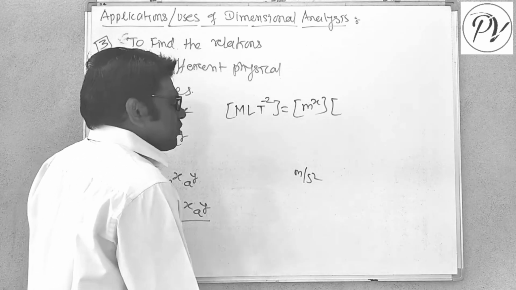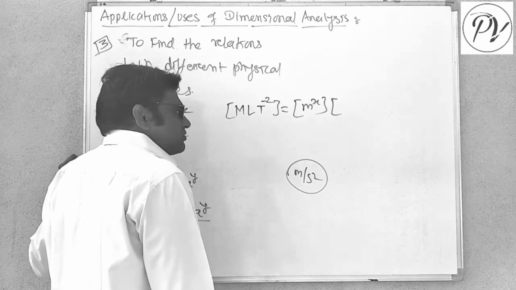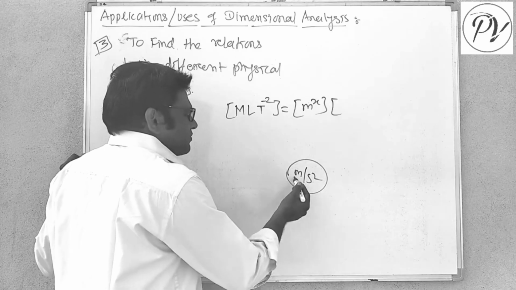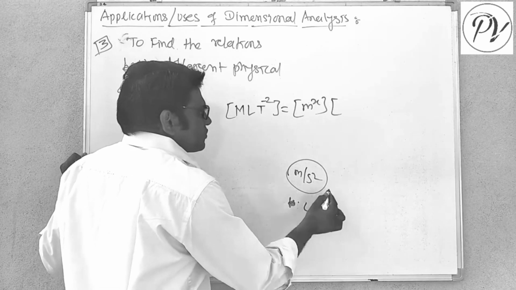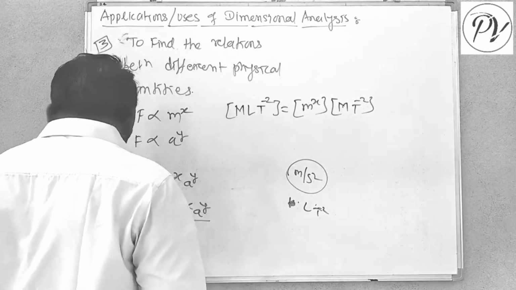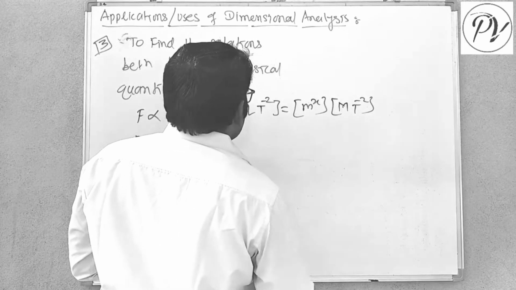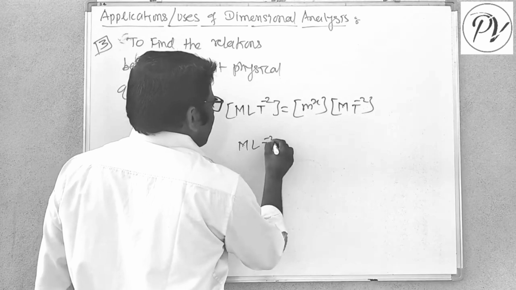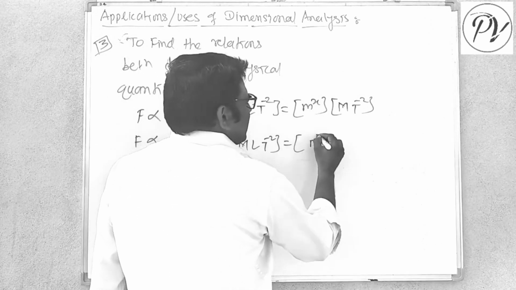Meter per second square means what? Meter means length, so L T to the power minus 2. Now, this side will be M L T to the power minus 2, and this will be M to the power x plus 1.